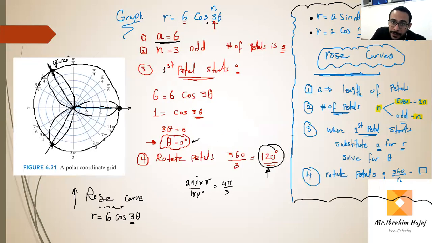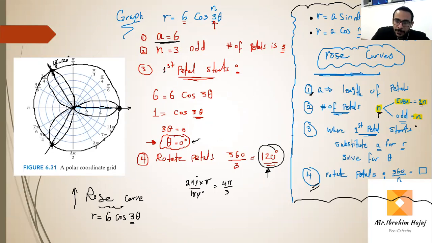Okay, when we have n, we have to stop and follow the 4 steps we have here. Number 1: A represents the length of the petal. You should know from the beginning that it's a rose curve, which has petals, and A represents the length of the petals. Number 2: number of petals. You can find it by checking whether n is even or odd.